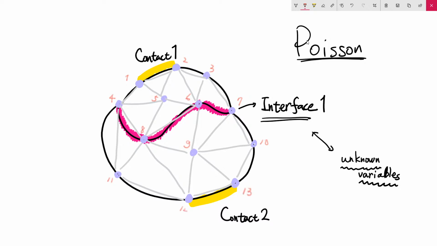Now we have just 13 points, and we have two regions, two contexts and one interface.